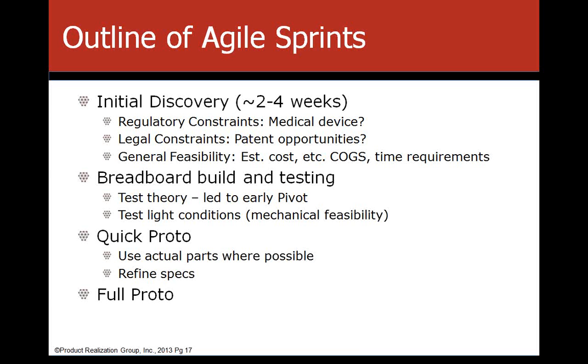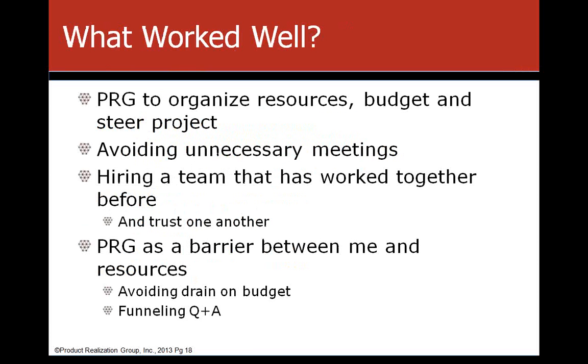Our partnership with the PRG enabled us to do a lot of those things simultaneously and very quickly, which is something that many organizations don't have, and therefore there's delays. So through this process, we came up with a number of bullet points of what really worked well for us, and then of course there are a couple things that we would do over.